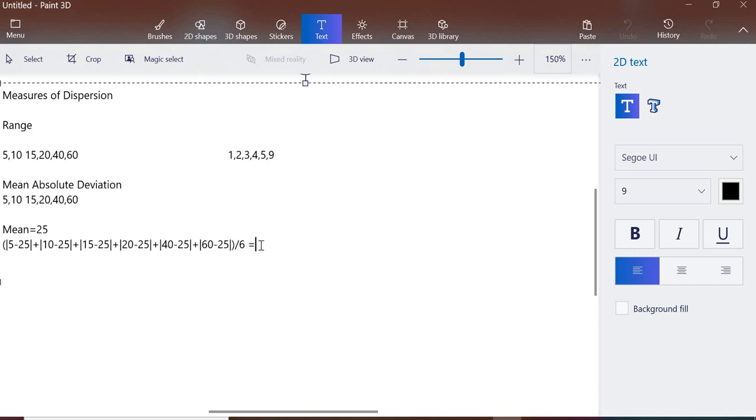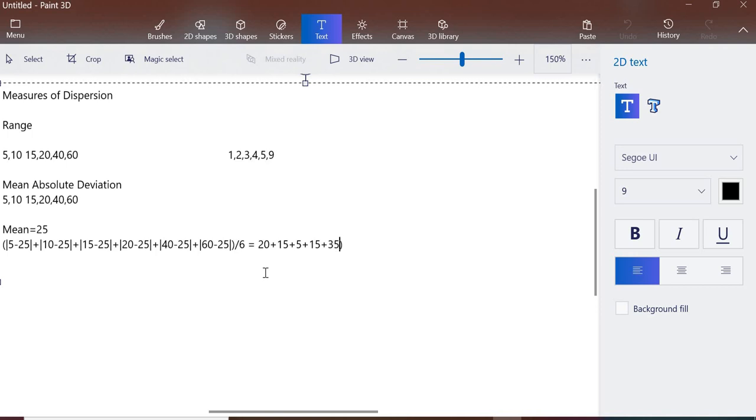Once this is done, 5 minus 25 is minus 20, and the absolute is 20. 10 minus 25 is minus 15. The absolute of minus 15 is 15. Again, 20 minus 25 is minus 5, the absolute of minus 5 is 5. 40 minus 25 is 15. The absolute of 15 is always 15. 60 minus 25 is 35.